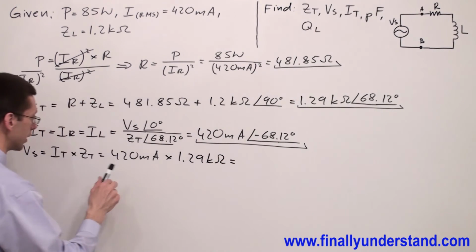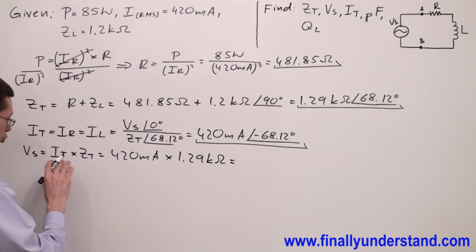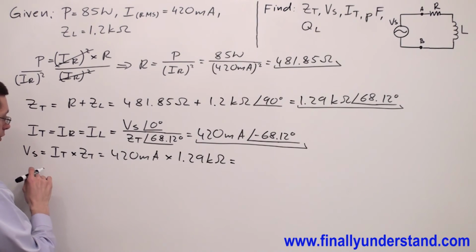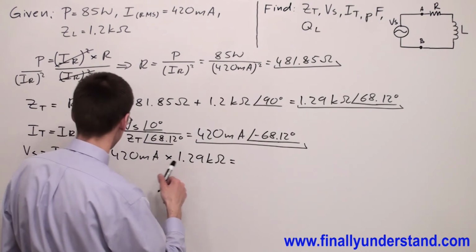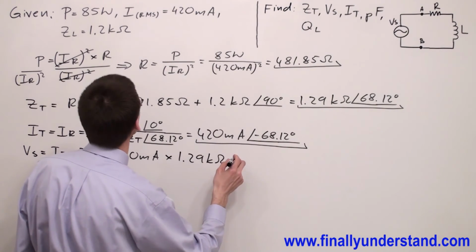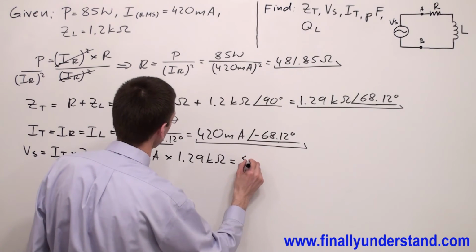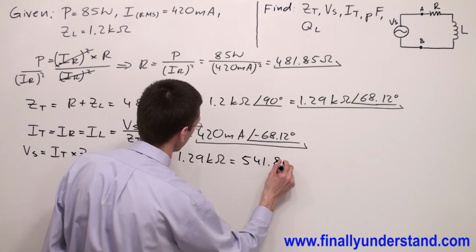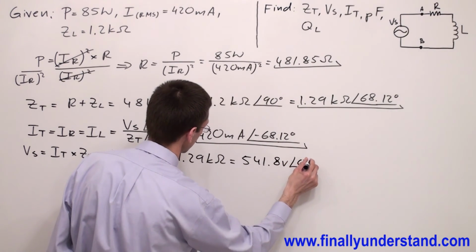I do not include the angles because I assume that this voltage is supposed to have angle 0 degrees. Okay, so we have voltage source equals 541.8 volts and angle of 0 degrees.